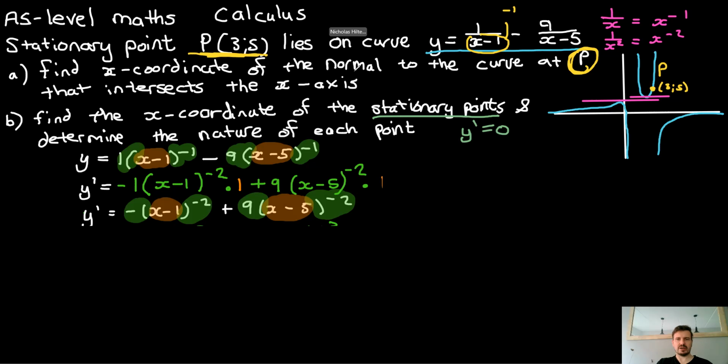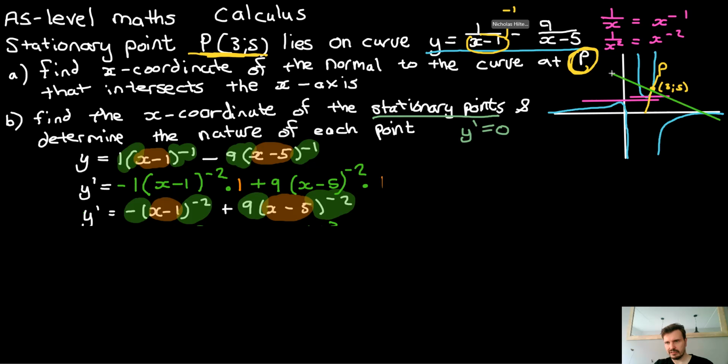Okay, so when I want the equation of the normal to the curve, if this is the tangent here, then my normal is going to be perpendicular to that. Let's do it in a different color.